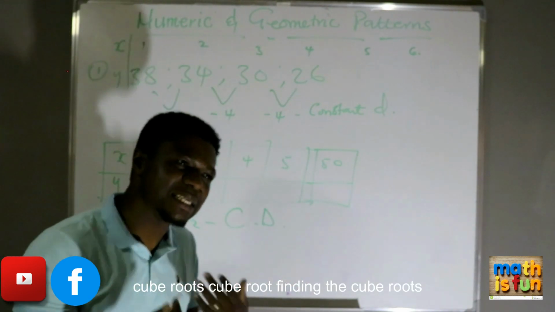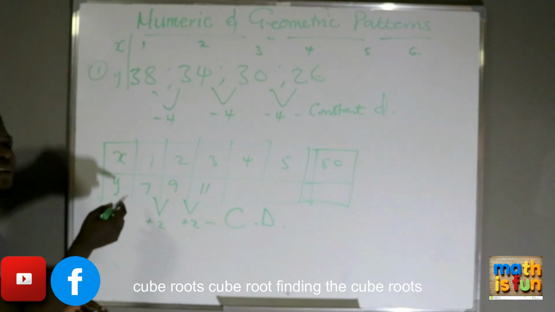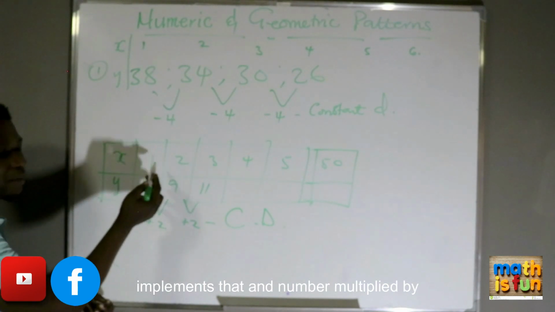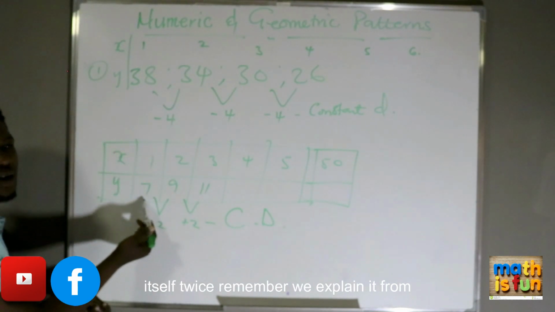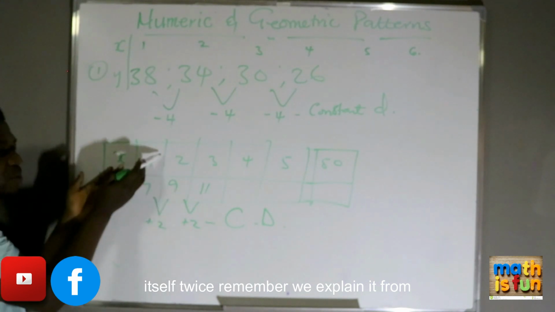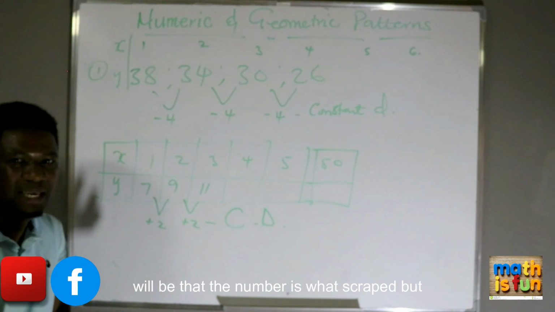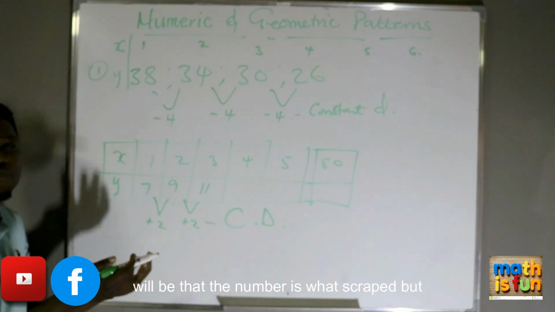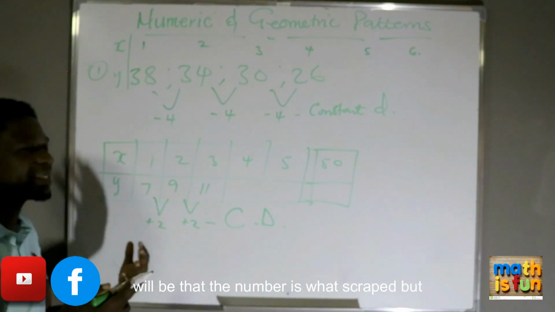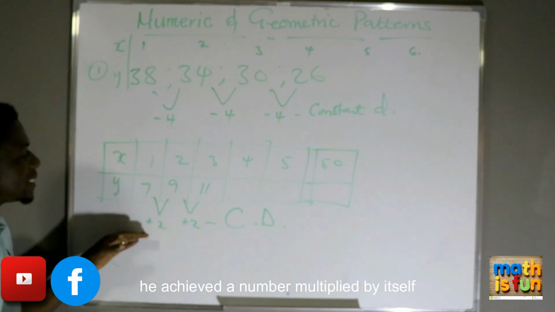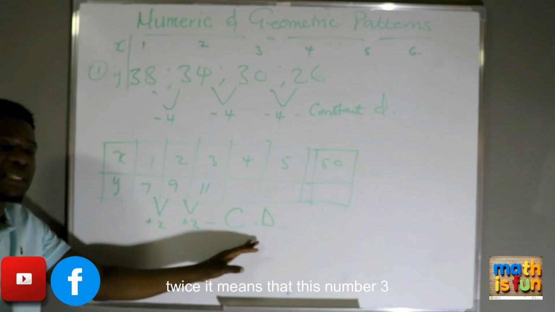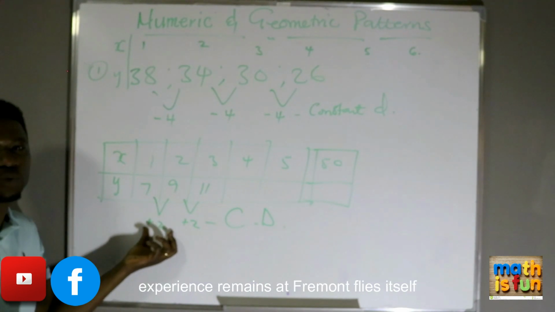I have the input value 1, my output value is 7. What then happens to my input value for me to get the output 7? So the first thing is to go in for my constant difference. I have a constant difference of 2.